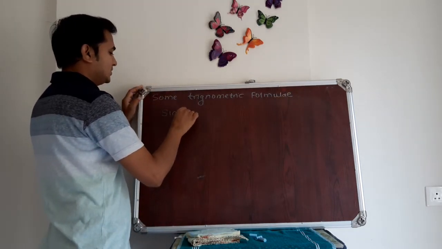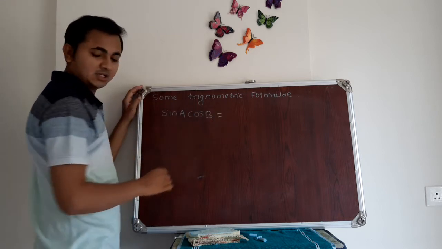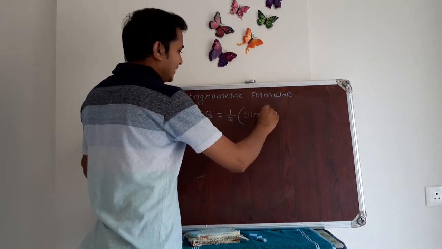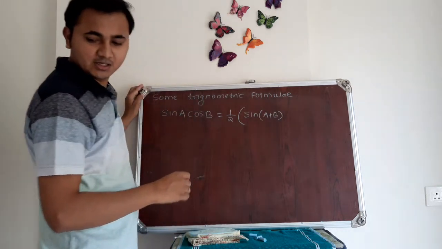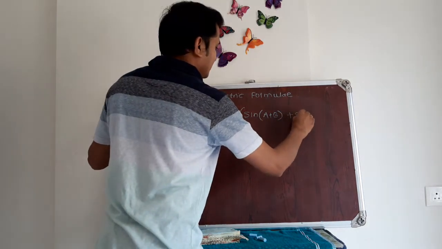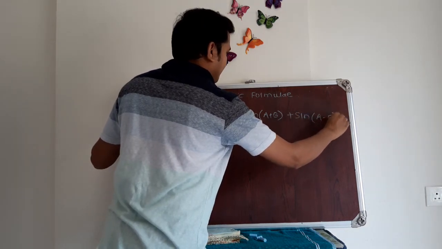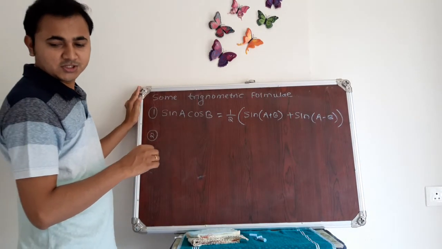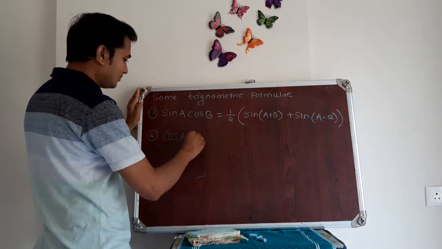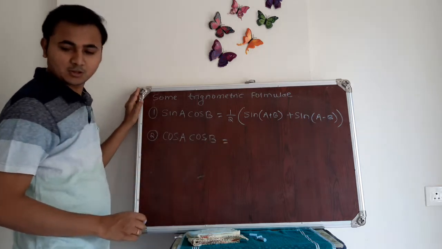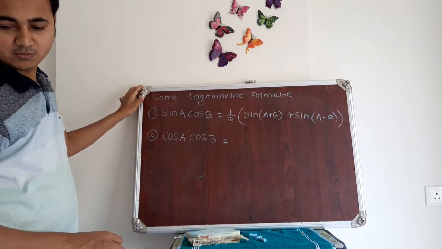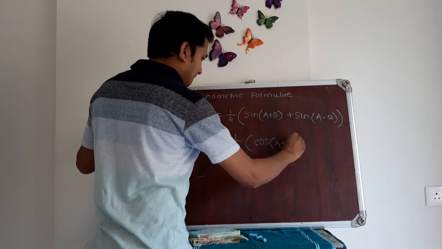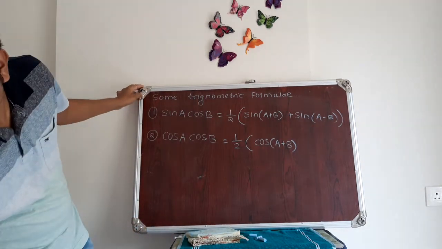So sin A cos B is 1 by 2 sin of A plus B plus sin of A minus B. Then second, cos A cos B is 1 by 2 cos of A plus B plus cos of A minus B.